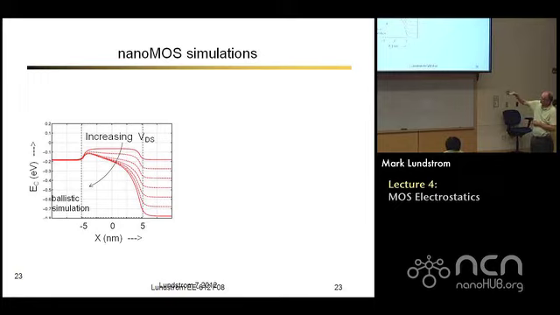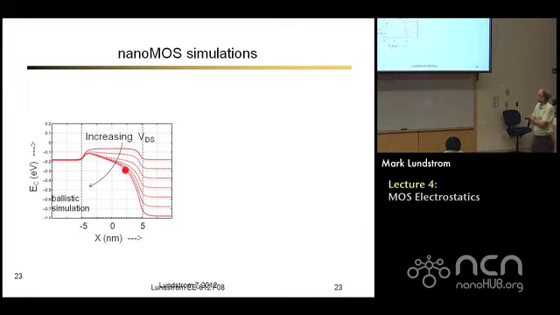All right. So here's some more simulations so you can see what a two-dimensional simulation does. This is high gate voltage, so you can see the conduction band in the channel has been pushed way down. And then as we increase the drain voltage, you can see that most of the potential drop is occurring near the drain, and you can see that things are more or less saturating near the source. You're not pulling them down more and more. So this is a well-designed transistor.